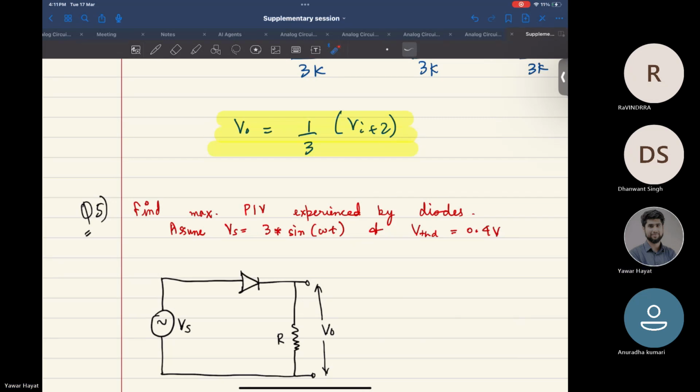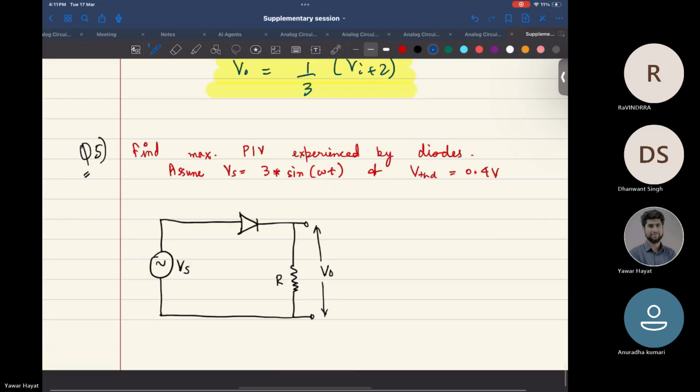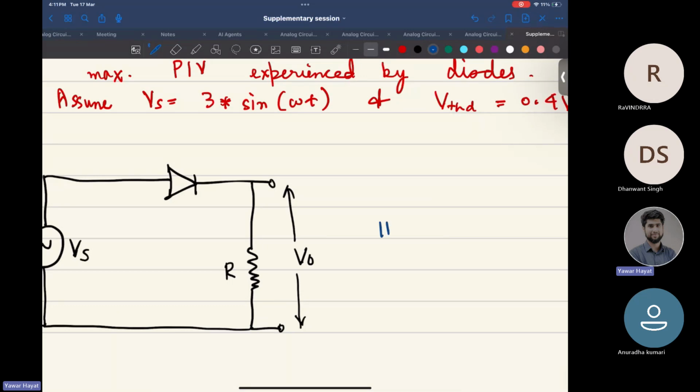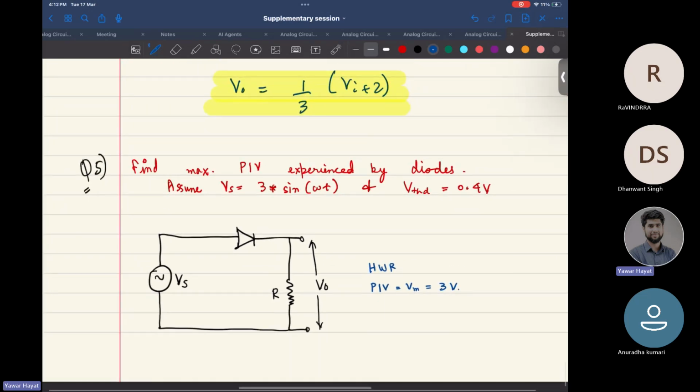I'll directly write the answer because this is a half wave rectifier circuit, and the peak inverse voltage, let me denote that by Vm, is 3 volts. So this is the first part.